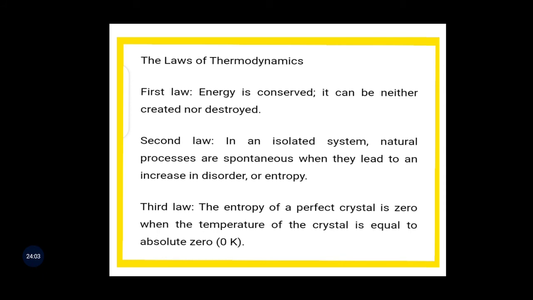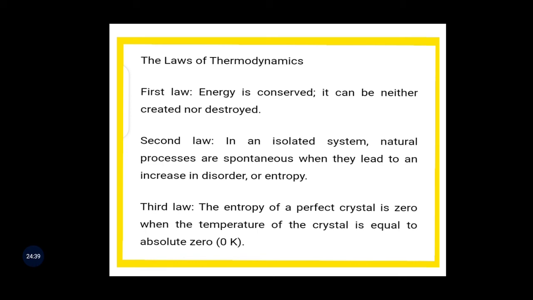Now we have the laws of thermodynamics. We have the first law: energy is conserved. That is, energy can neither be created nor be destroyed, but can be transformed or transferred from one stage to another. Then we also have the second law, which says in an isolated system. Remember we call isolated system when we are looking at the various type of system. We say in an isolated system, there will be no exchange of any form between the system and its surroundings, no exchange of mass, no exchange of heat.